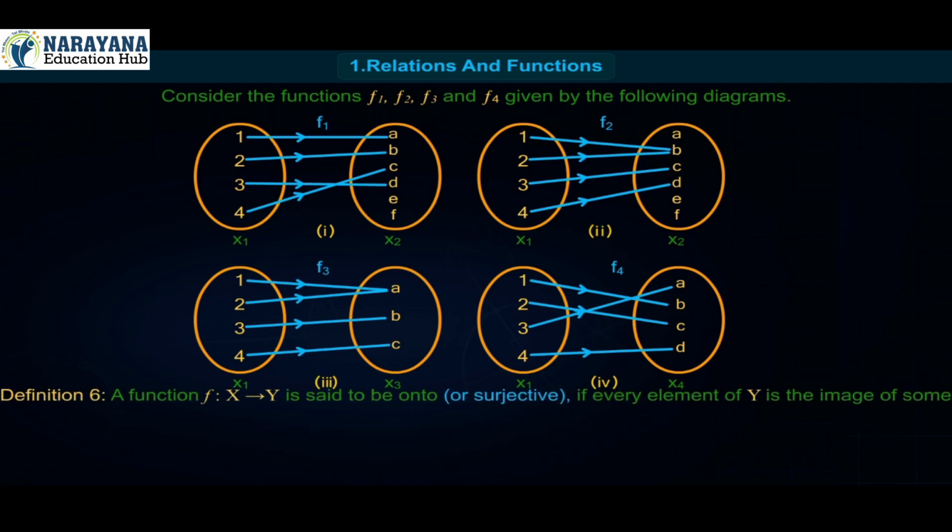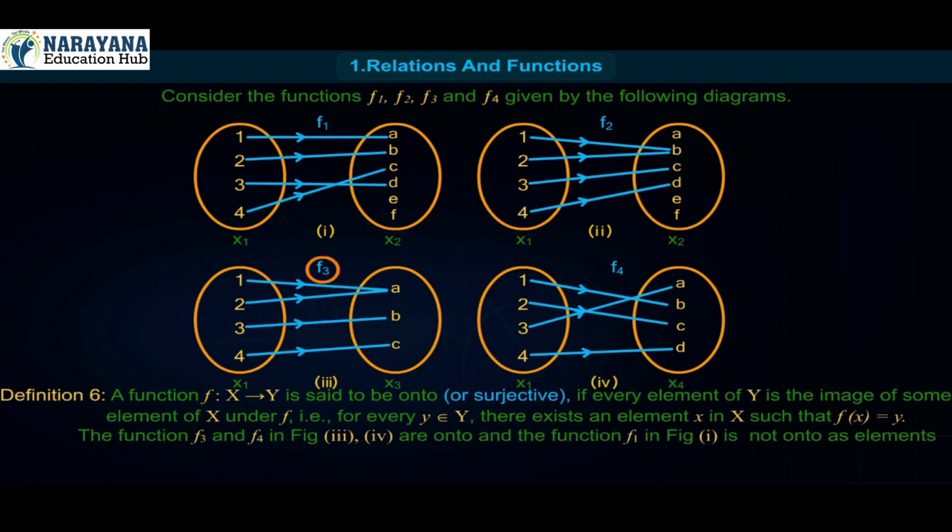Definition 6. A function f from X to Y is said to be onto or surjective if every element of Y is the image of some element of X under f. That is, for every y belonging to Y, there exists an element x in X such that f(x) equals y.